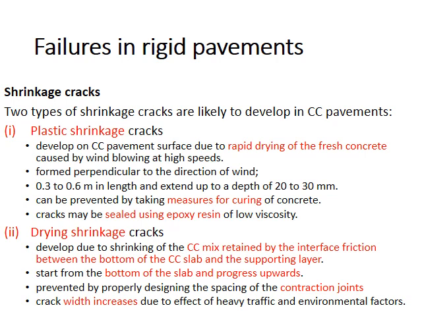As the slab is constructed over the supporting layer, if the concrete starts shrinking or drying, there will be shrinkage cracks at the bottom of the slab near the supporting layer, and these cracks extend upwards to the pavement surface. These shrinkage cracks can be rectified by constructing or designing contraction joints in a better way.